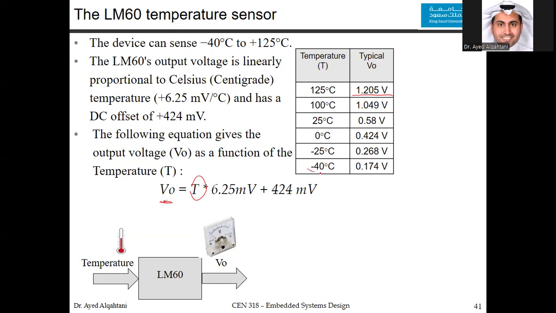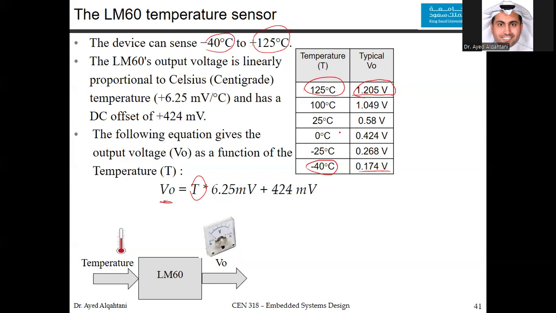So this is the lower bound, the minus 40 degrees centigrade, and the voltage corresponding to that is 0.127 volt. For the maximum or the upper bound, 125 degrees centigrade, the voltage associated with it is 1.205 volts.